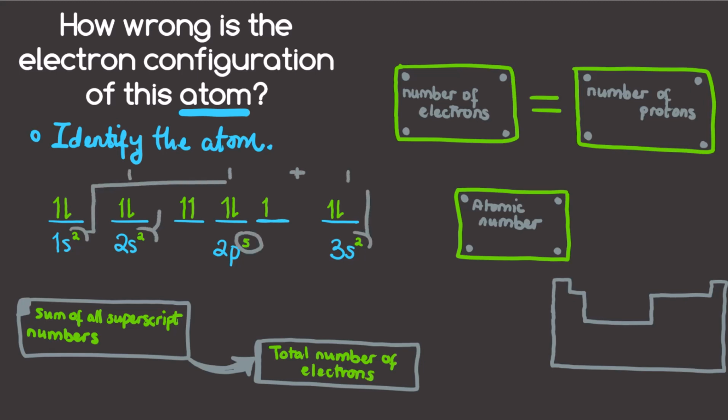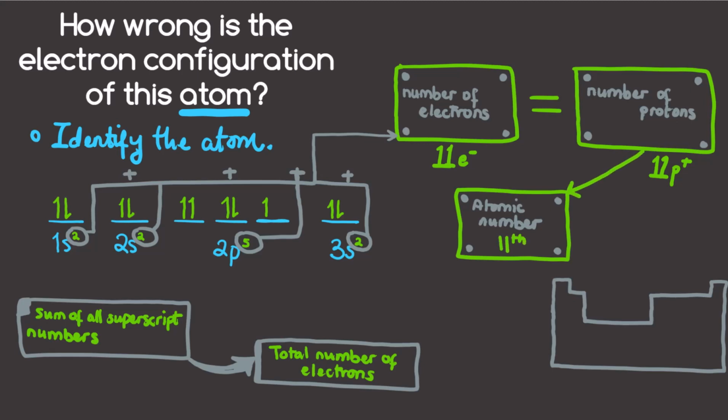As a result, here it is 2 plus 2 plus 5 plus 2, which equals 11. In an atom, 11 electrons means 11 protons, which is the 11th element on the periodic table, called sodium.